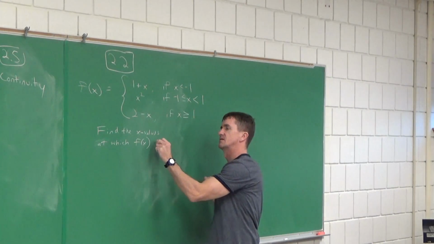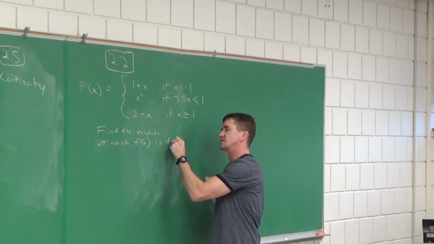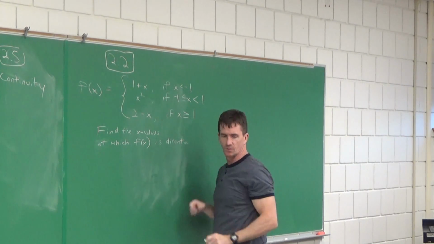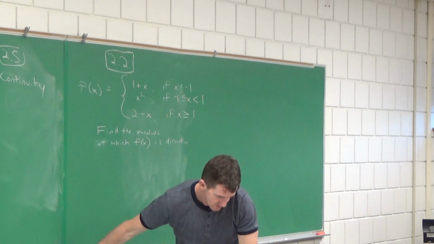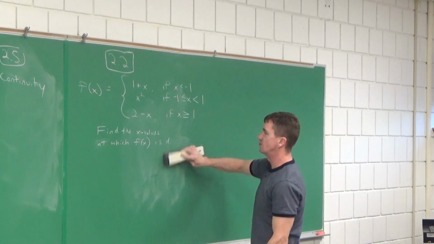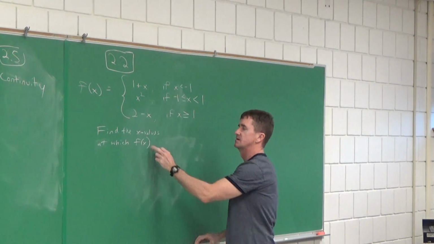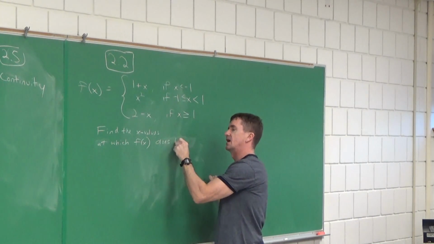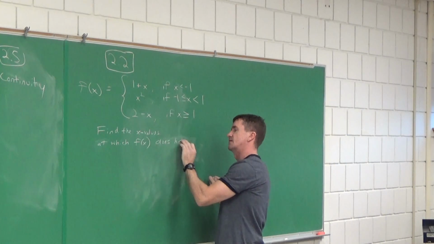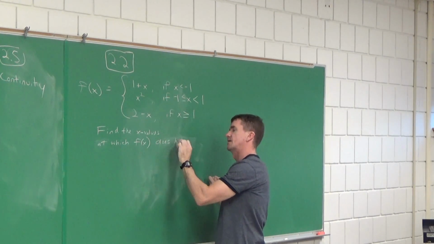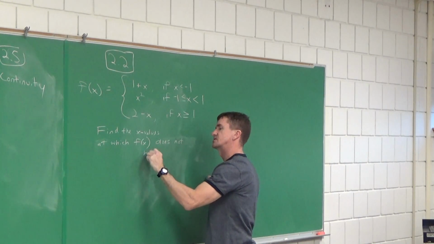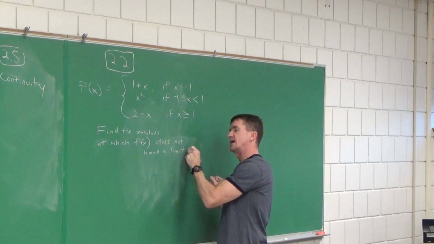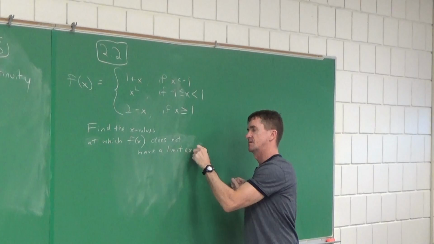So I'll write that. Discontinuous. Right? For which the limit does not what? We haven't gotten continuity yet. I'll do that at the end of class. Find the answer which f of x does not have a limit existing. And I mean a 2-sided limit.